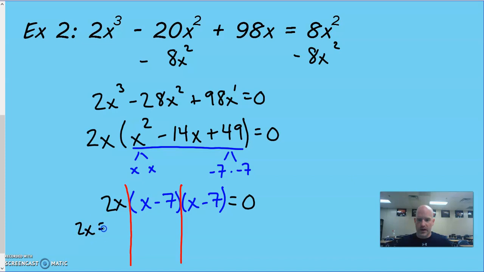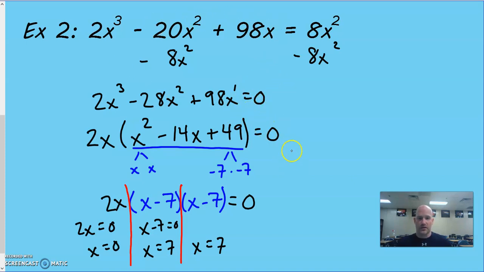So when is 2x going to equal 0? Well, when x is 0. Just divide by 2. When is x minus 7 going to equal 0? Well, when x is 7. Okay, and I'm going to see that this is really a repeat, so I'm going to end up with the same value again. So if x is equal to 0 or 7, this will equal 0.